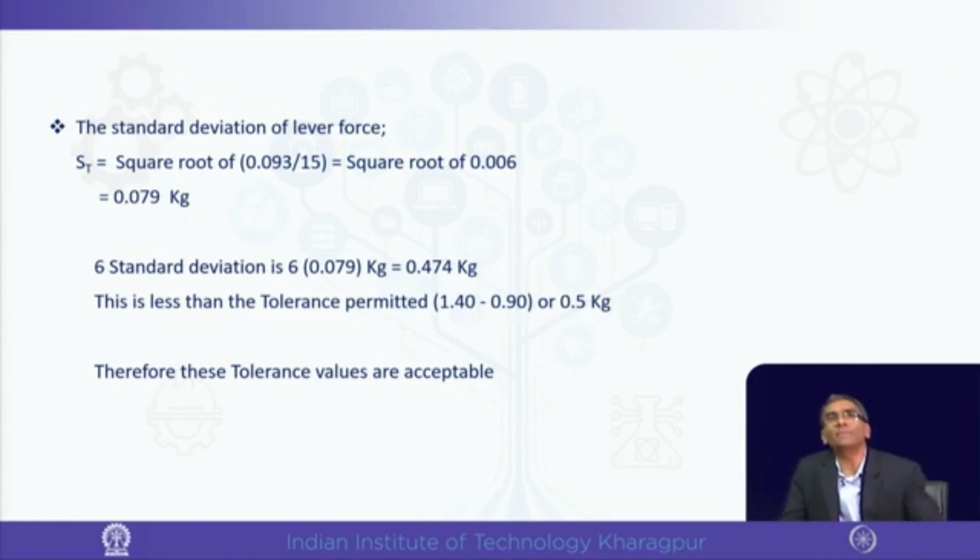Now, we have to examine whether it is meeting the specified tolerance range, which is 0.5 kg, 1.4 minus 0.9. Now, we see that it is meeting it. 0.5 kg is the requirement and it is giving 0.474 kg. Therefore, these tolerance values are acceptable.